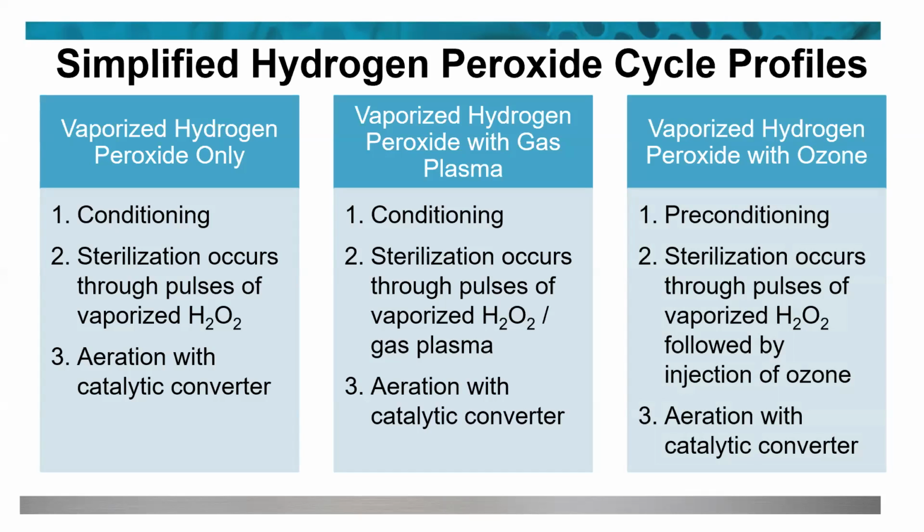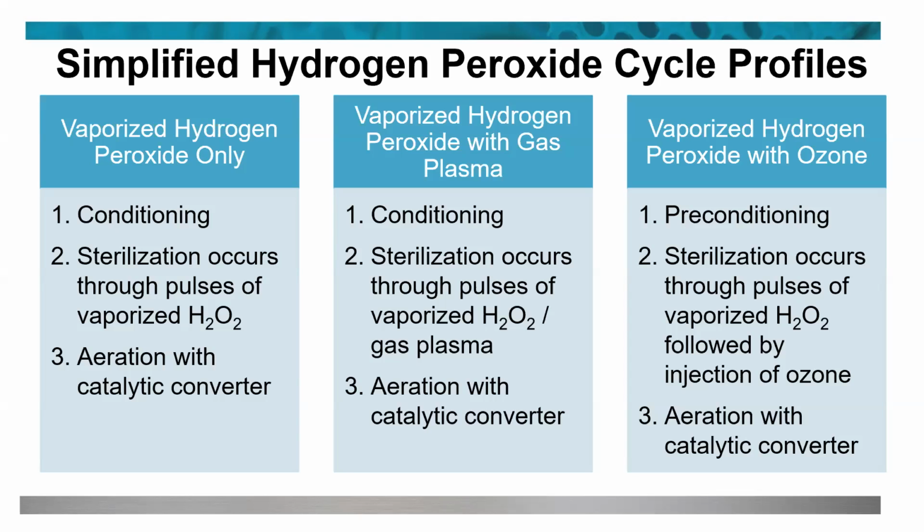Sterilization is accomplished through a series of pulses using hydrogen peroxide followed by an injection of ozone. The ozone is generated by the system using supplied oxygen. And then again, everything is removed through aeration through the catalytic converter, and they have a series of air washes that go through there.